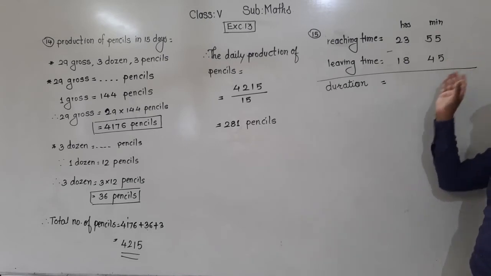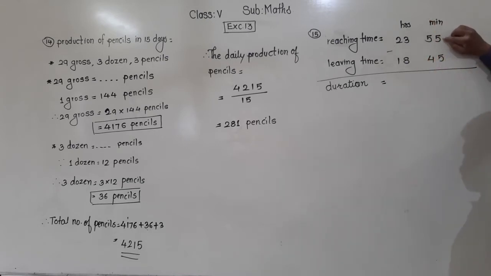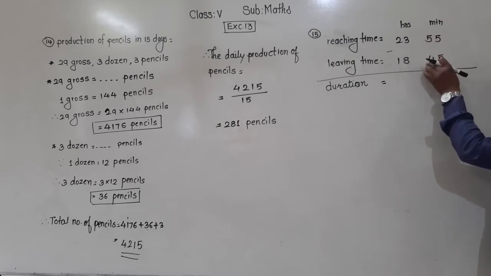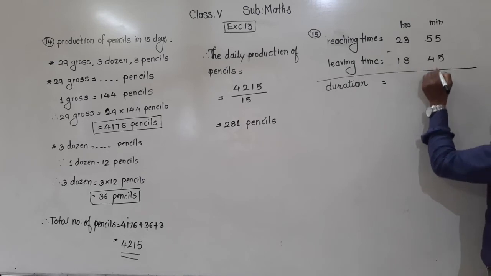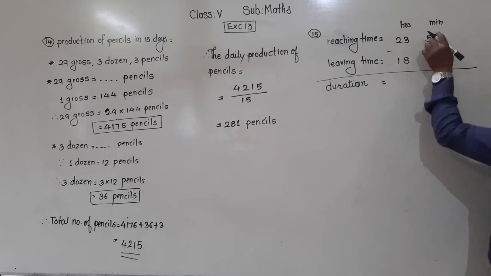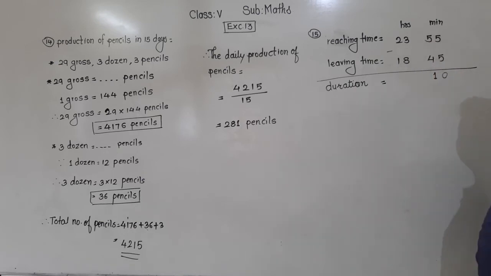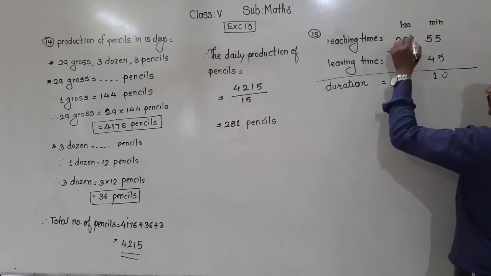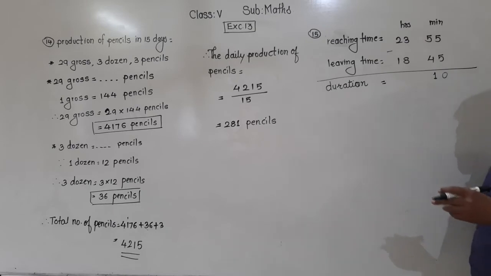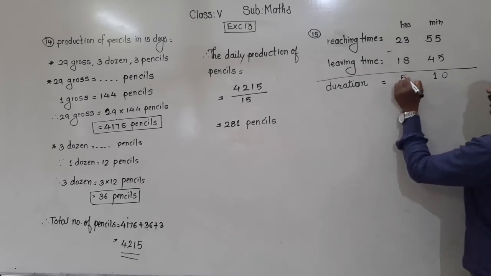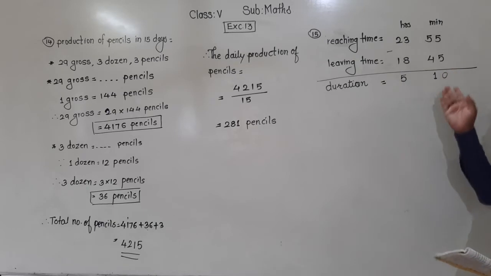If these minutes were smaller, we could not subtract directly and would need to borrow from the hour column. Since 55 is greater than 45, we can subtract: 55 minus 45 is 10 minutes. Then 23 minus 18 is 5. So 5 hours 10 minutes.